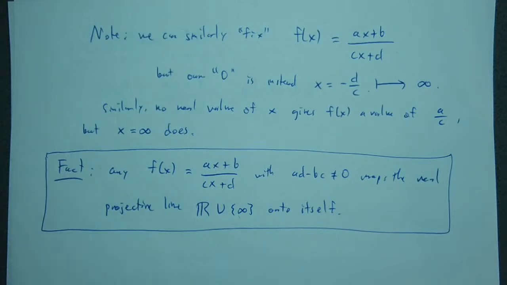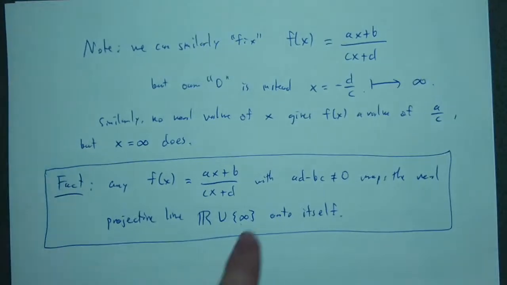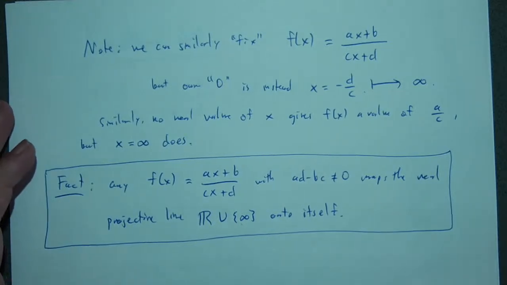onto itself. To see that, we had previously seen that there was a nice way that these linear fractional transformations actually allowed us to divide by zero, basically, right?